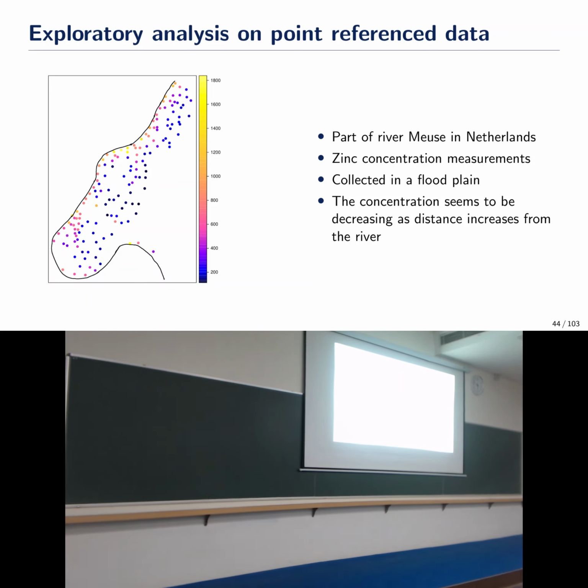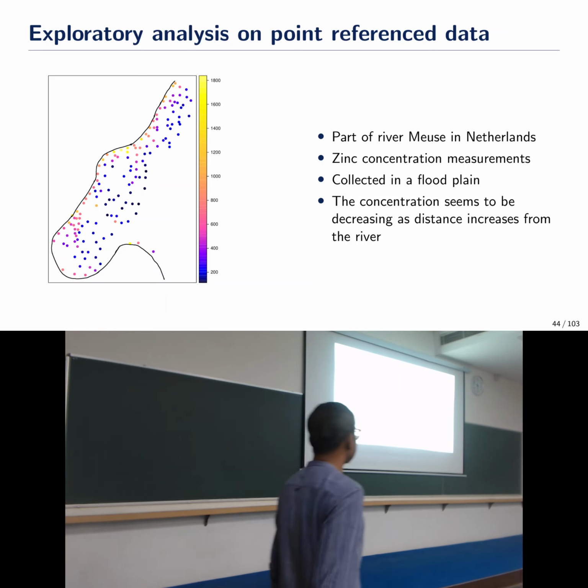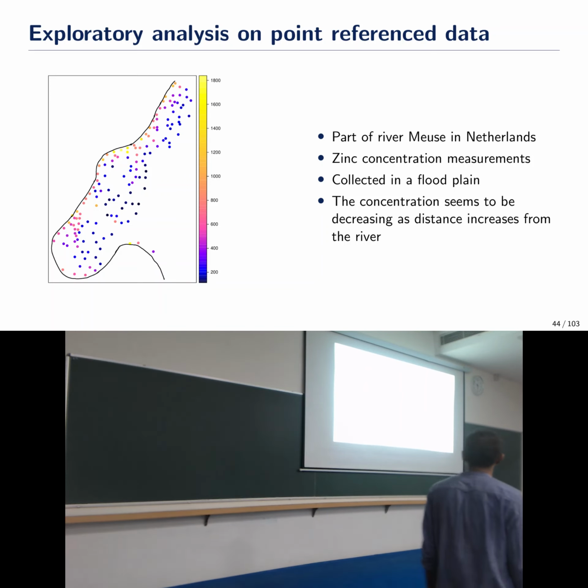Okay, so we go with the geostatistical data. Whenever you go with geostatistical data, the first thing you do is some exploratory data analysis, which we already have done, right? So essentially we made this spatial plot.